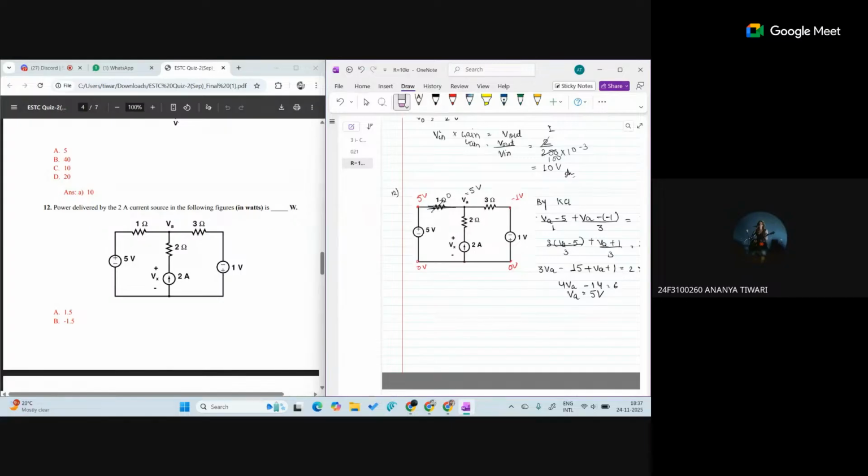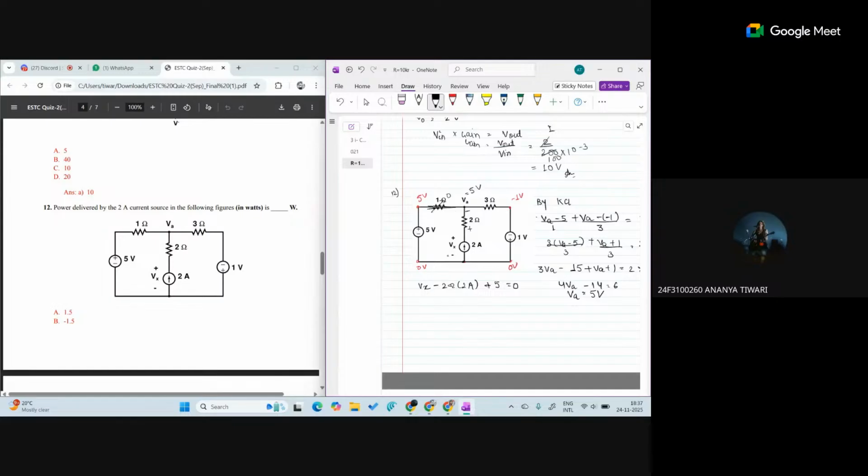So this would be plus minus. I'm starting from here, okay? So this is 4x minus 2 into 2. This is 2 ohm into 2 ampere plus 5 is equal to 0.